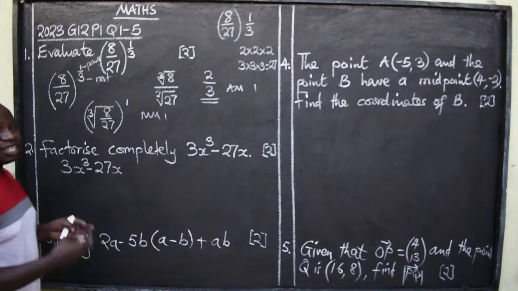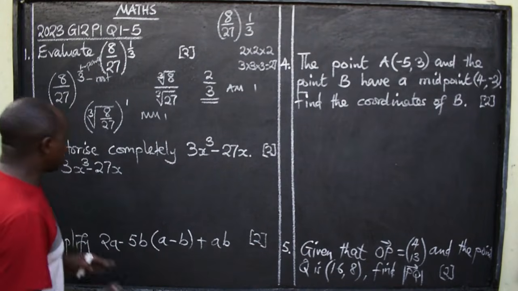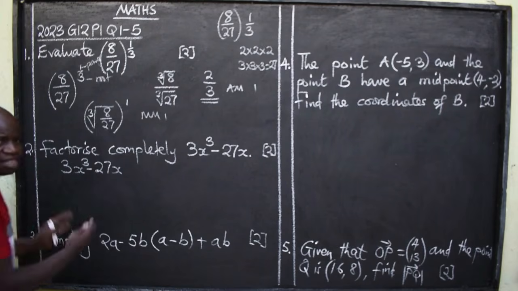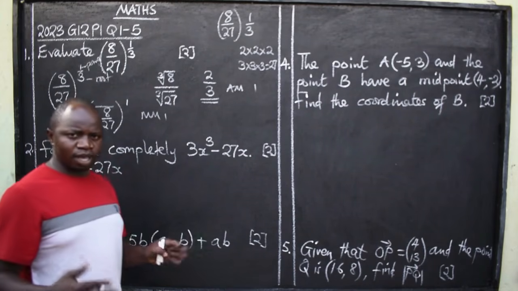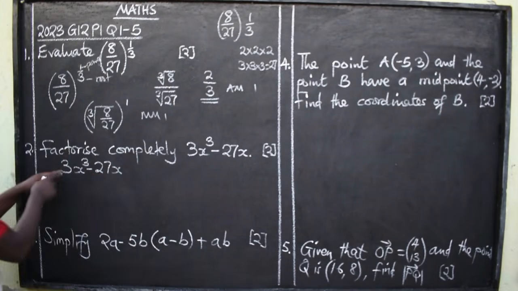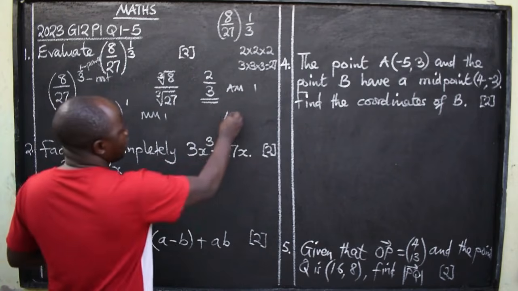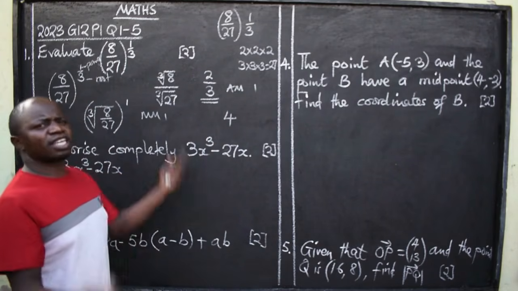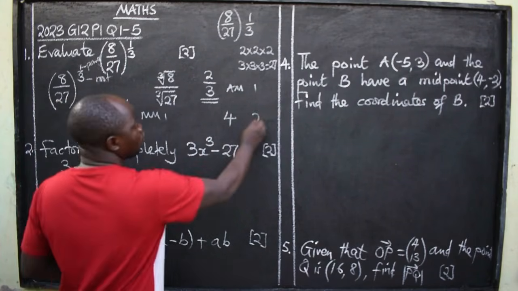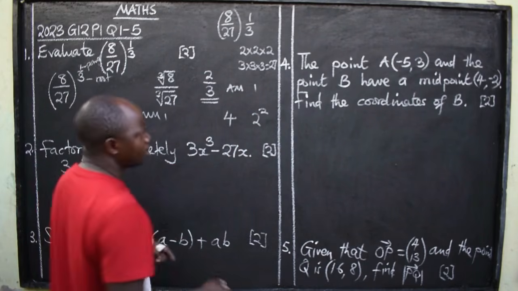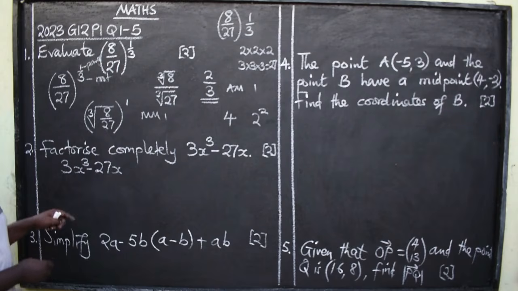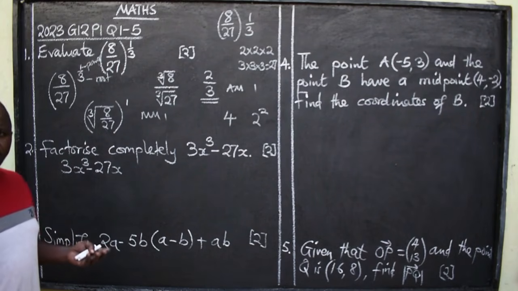From the word itself, difference of 2 squares, we are going to express everything in square form. Now you ask yourself, can I express 3 in square form? Like the way 4 is. Yes, 4 I can express in square form. I can say 2 squared. That is what I mean. Now, what about 3? It's not possible.